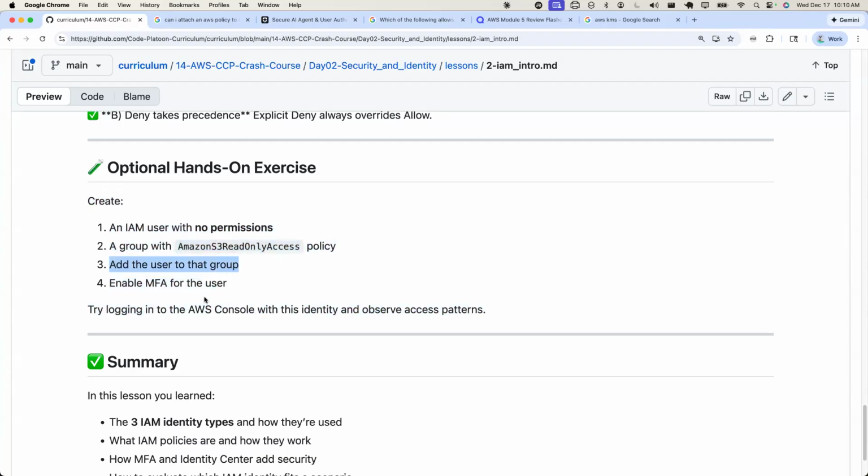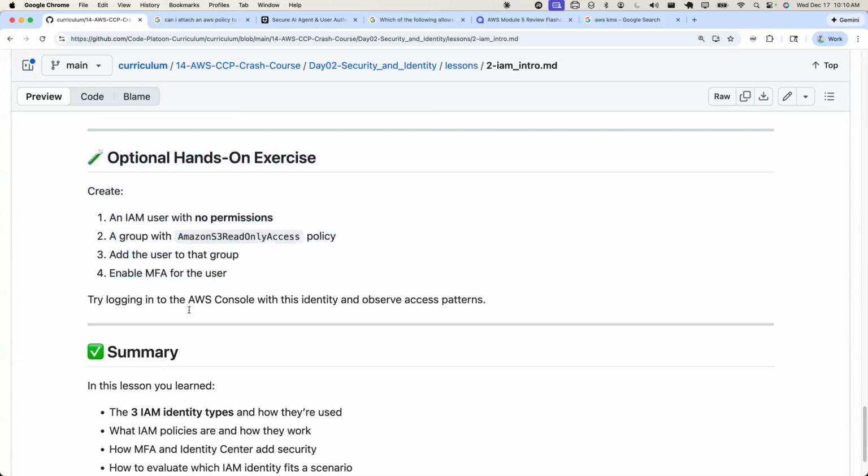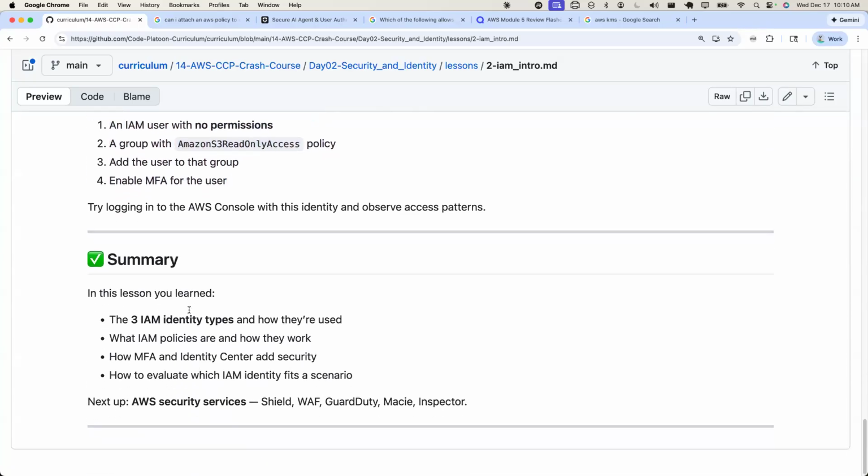That Cloud Quest game, the cheesy 3D game we saw the other day, will also have you do a bunch of this stuff as well. Like you'll create security groups and users and IAM policies and things like that as you go through that. So I'm a big fan of that Cloud Quest game, as you can tell.